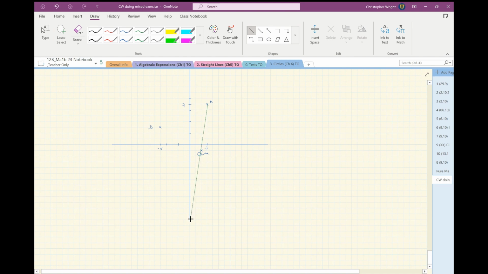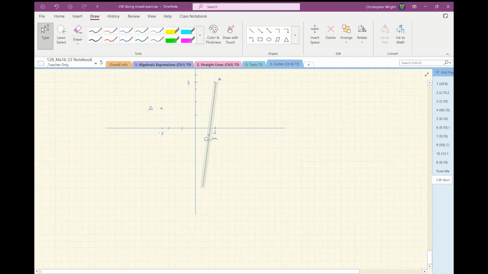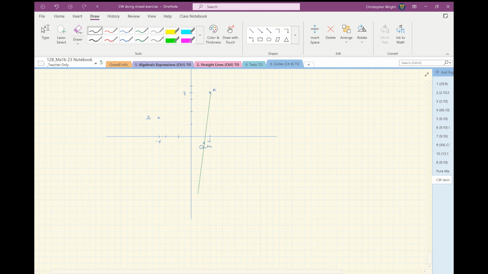I don't know exactly where the other side of the circle is going to be, but I can work it out easily enough, because to get from A to the centre, I'm going down 8 and along -1, that's the vector (-1, -8), so I'm going to go another -1, -8. So that point there is going to be the point C, where AC is the diameter of the circle.